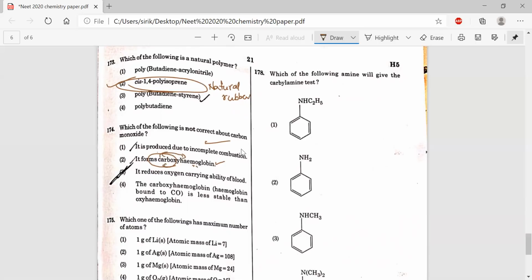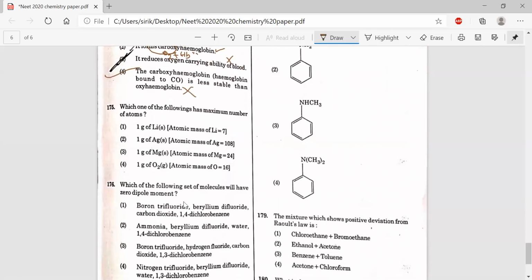Actually, oxygen when we inhale combines and forms oxyhemoglobin, but whenever we take carbon monoxide, it forms carboxyhemoglobin, and the ability to carry oxygen decreases, leading to lack of oxygen. Why does it happen? Because once we inhale it, it forms a strong stable complex with the hemoglobin. So this is a wrong option. The affinity between carbon monoxide and hemoglobin is very high, it is very stable.